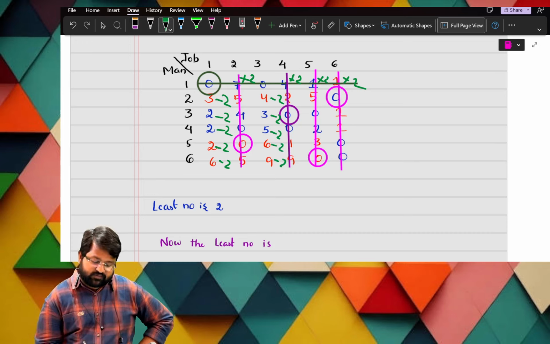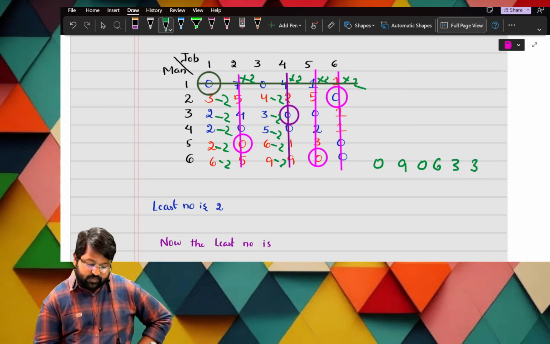So our new matrix will be 0, 9, 0, 6, 3, 3. Next 1, 5, 2, 2, 5, 0. And next 0, 4, 1, 0, 0, 1.